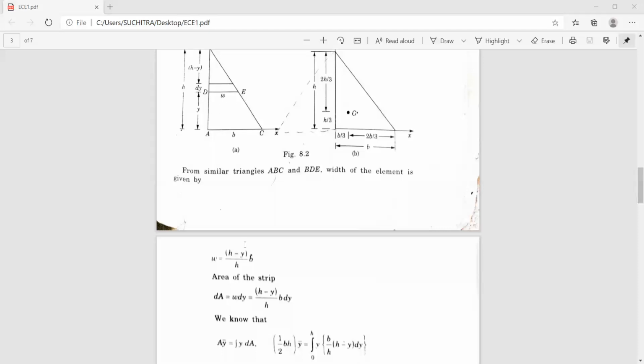So if I substitute W as (H minus Y) divided by H into B, the equation becomes dA equal to (H minus Y) divided by H into B into dy.